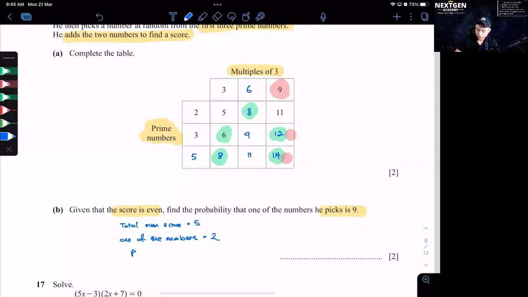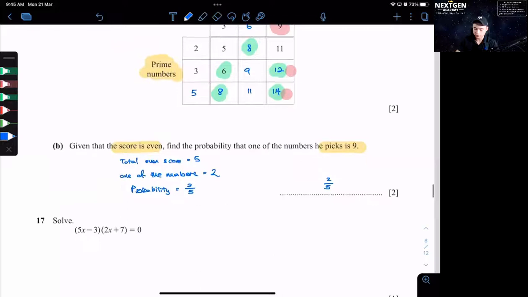So your probability will be 2/5. Given that the score is even, that means we only find from the even scores. We don't find from the total of the 9 numbers. That's how the probability works here.